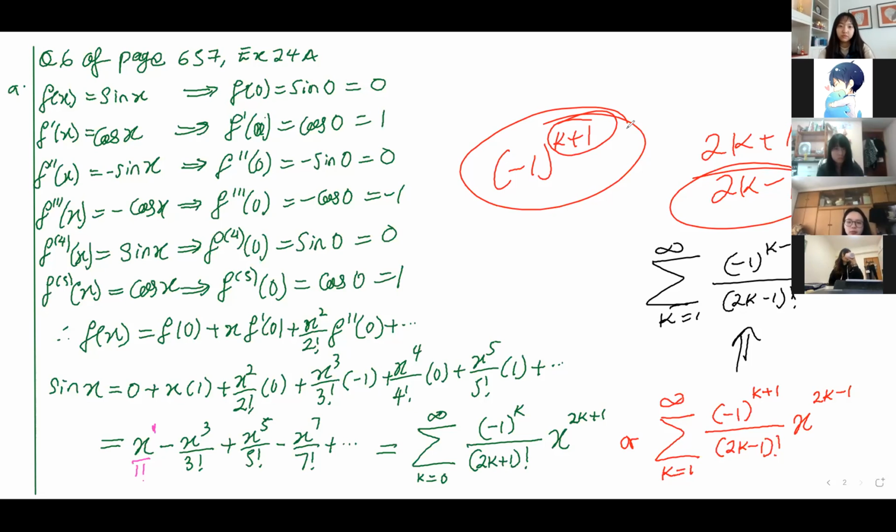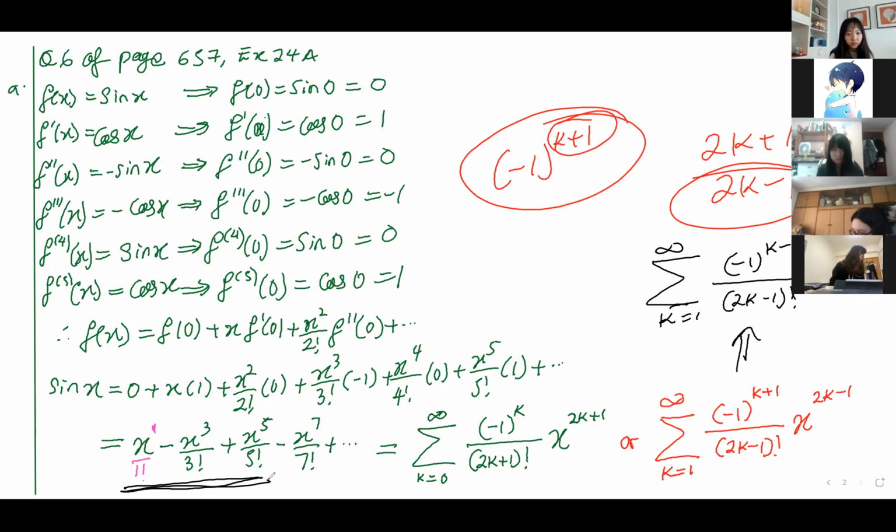Now the next one is, find M5 and compare with this. So M5 means the Maclaurin series expansion up to when n is equal to 5. Am I making sense? Which is these three, basically. Find M5 and compare your M5 to that.